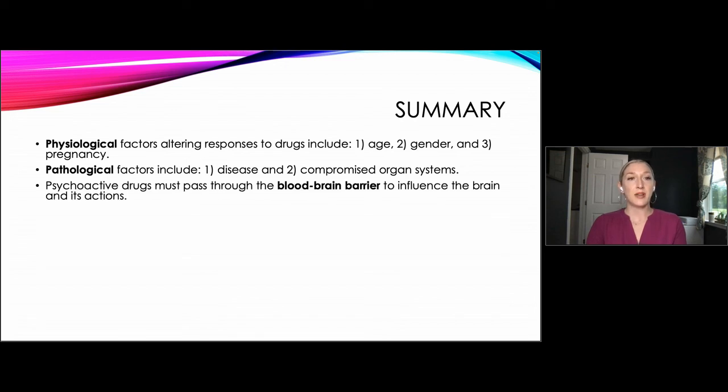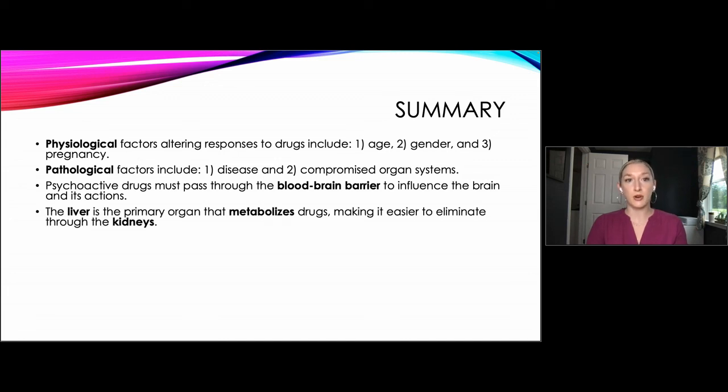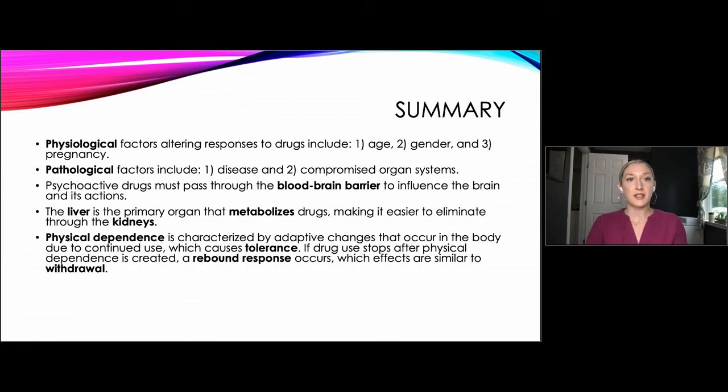Psychoactive drugs must pass through the blood-brain barrier in order to influence the brain and its actions. The liver is the primary organ that metabolizes drugs, making it easier for the drug to be eliminated through the kidneys. Physical dependence is characterized by adaptive changes that occur in the body due to continued use, which causes tolerance.